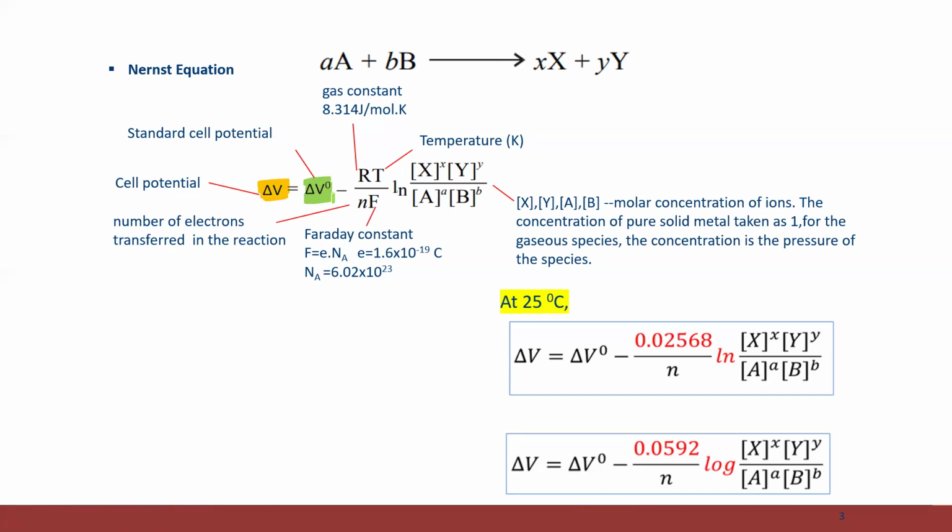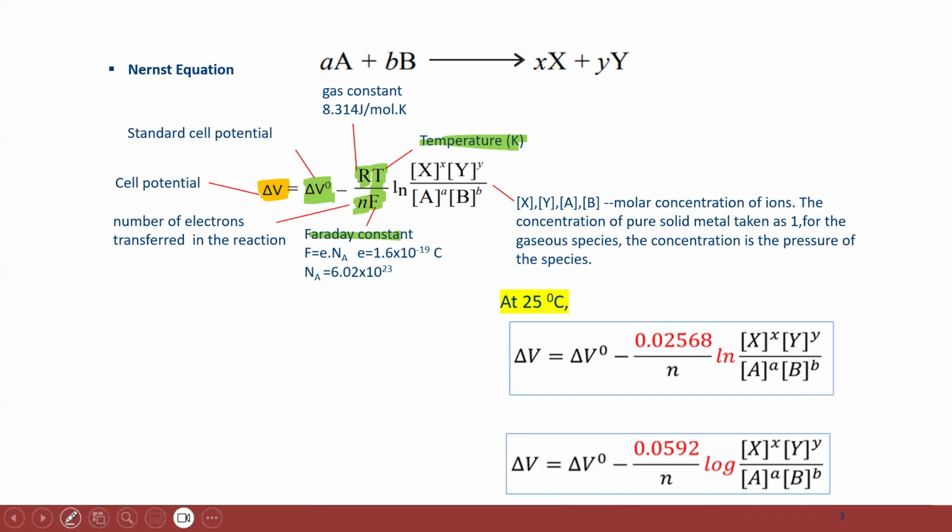Then we have R, the gas constant, T, the temperature in Kelvin, n, the number of electrons contributed to the reaction, which in the previous one was 2, and F, the Faraday constant. So these are known values.